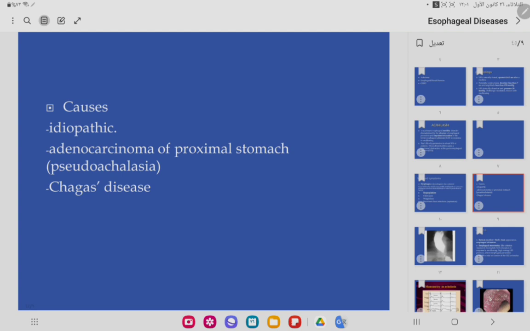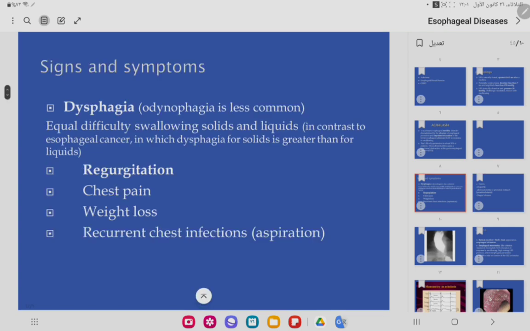Okay, so next, dysphagia. Odynophagia is less common. Dysphagia is difficulty in swallowing. Odynophagia is painful swallowing; it's less common, to be honest, because there are no such structures there. There is equal difficulty swallowing liquid and solid, both, because we need coordination. We need the nervous system to coordinate in order to drink well.